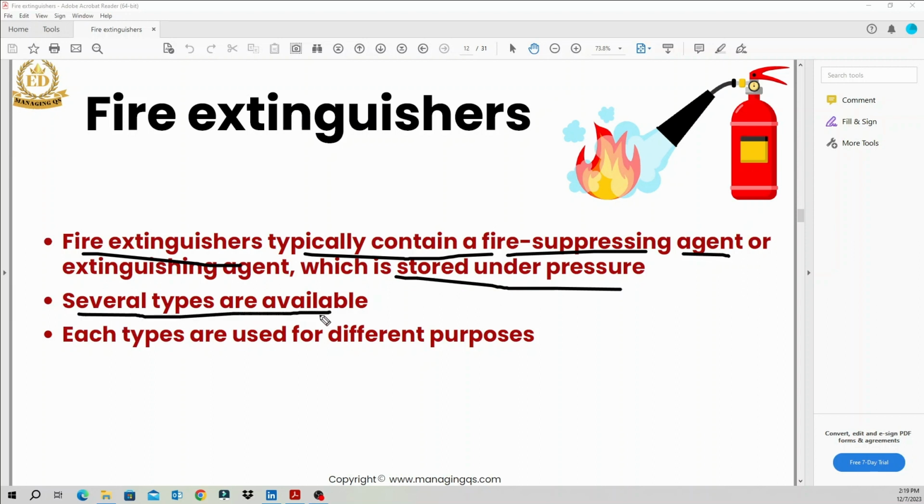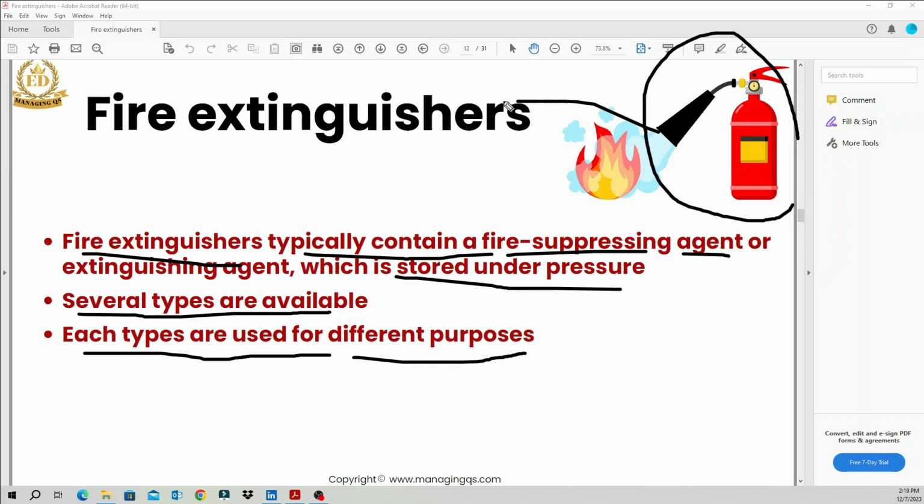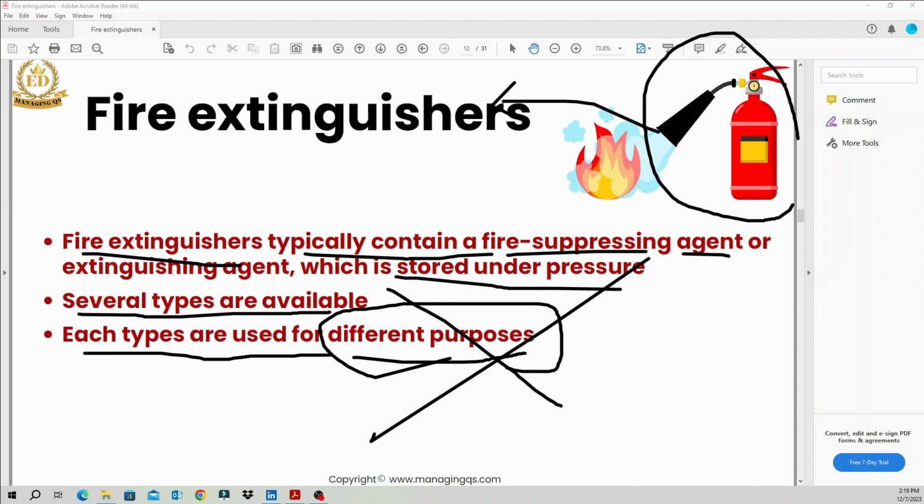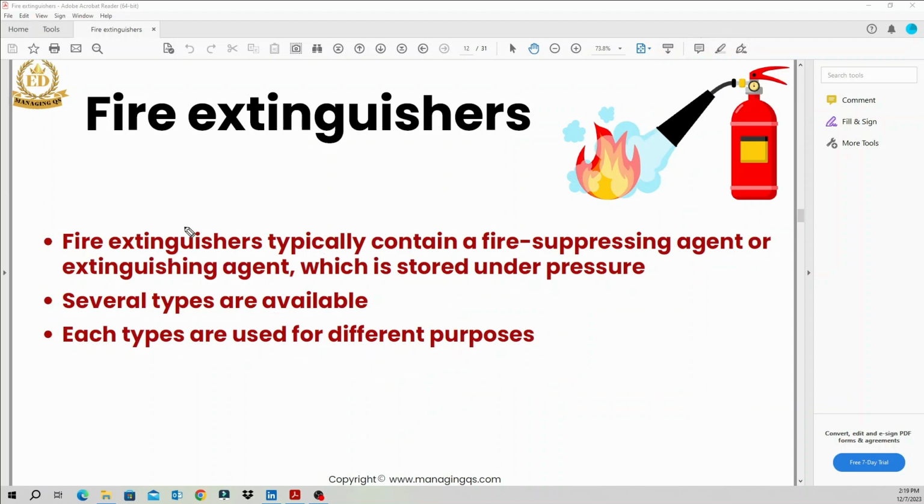Another important key point: each type is used for different purposes. So we cannot use all fire extinguishers for all types of fire. We should understand very clearly which fire extinguisher is used for which purpose.